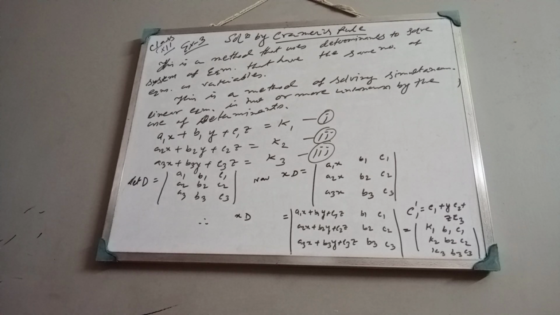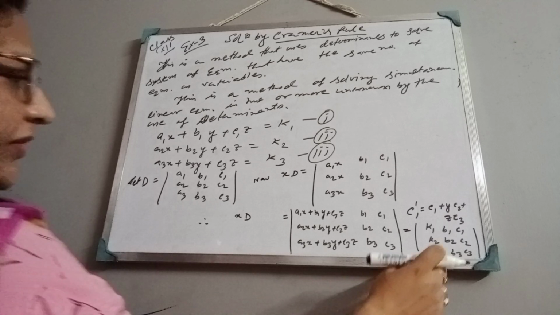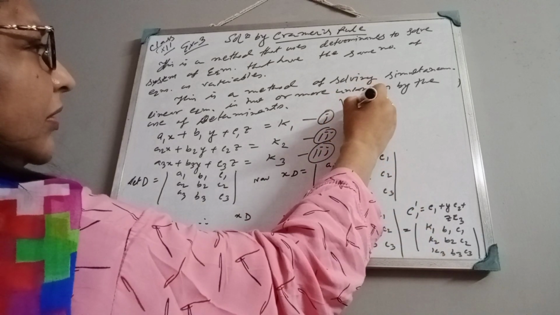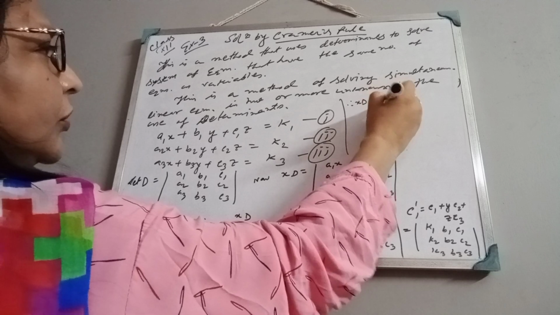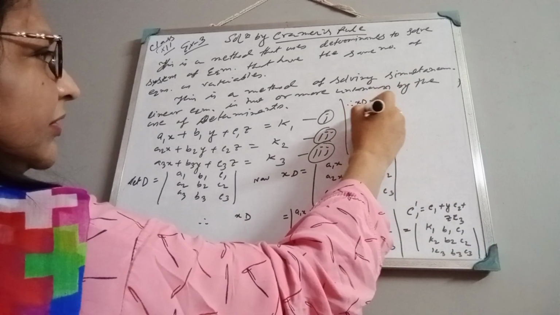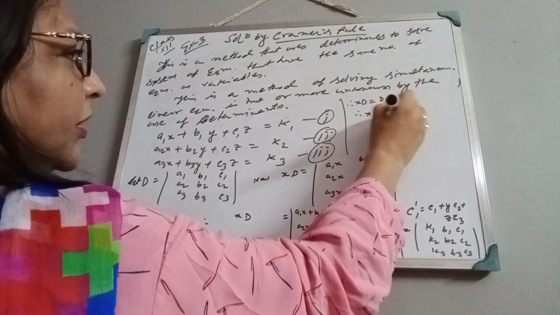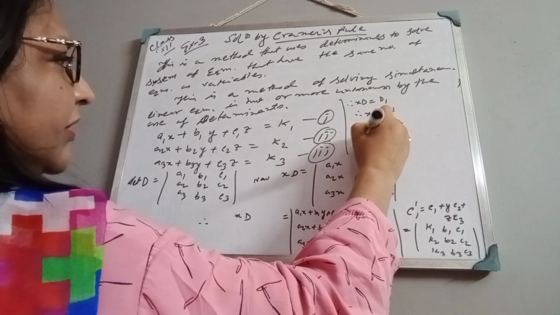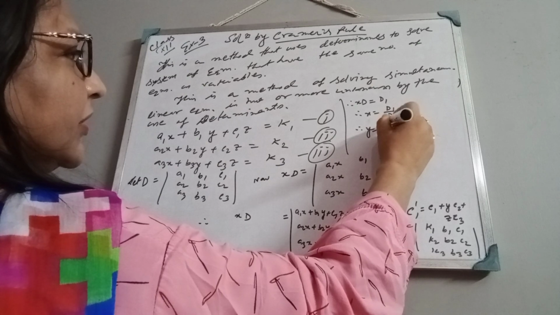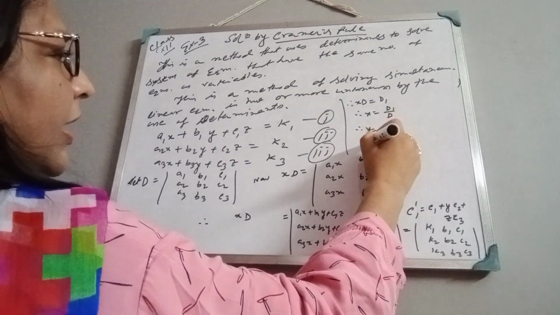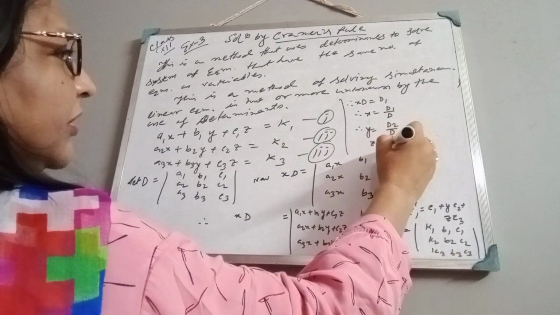Let this part be D1. Therefore xD equals D1, therefore x is equal to D1 by D. Similarly, we can find y equals D2 by D and z equals D3 by D.